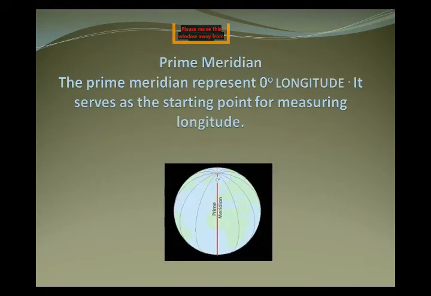The prime meridian represents 0 degrees of longitude. It serves as the starting point for measuring longitude. As we have seen, I'm showing the cursor, the arrow in between, that is 0 degrees. That is the center point of the prime meridian. So the prime meridian represents 0 degrees. It serves as a starting point for measuring longitude.